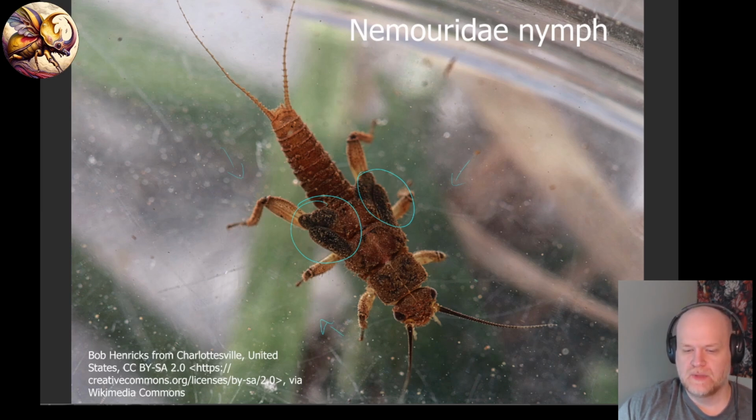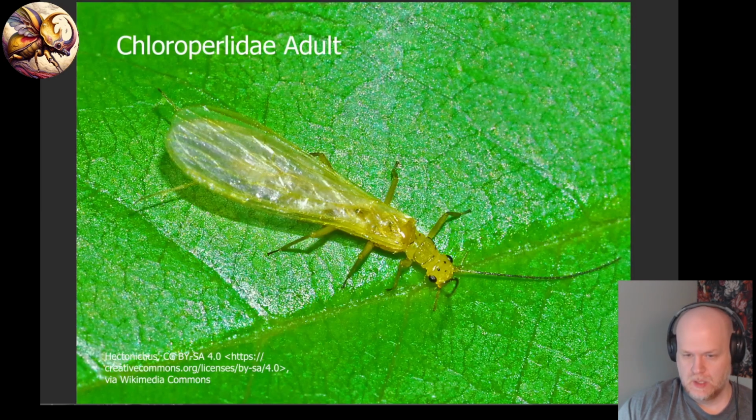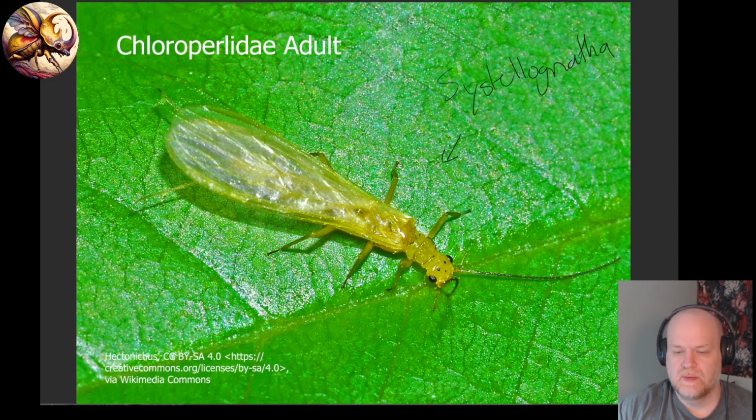When we talk about the Cistellonatha, which is what this is a representative of, the smaller group is the Perloidea. This is the other major division. Like the chloroperlids, they are this lighter green color. They tend to be carnivorous or omnivorous.